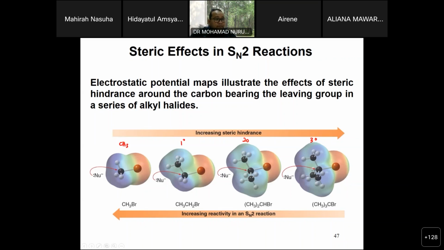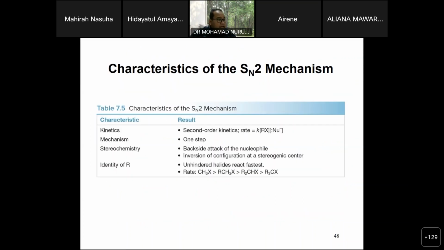So okay, this is a kind of summary that we can conclude for the SN2 mechanism.